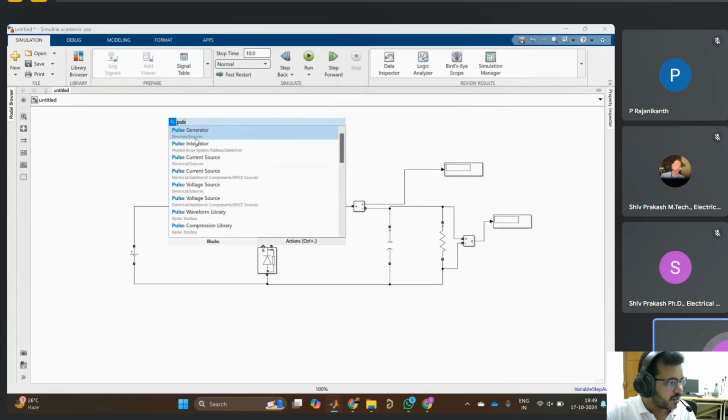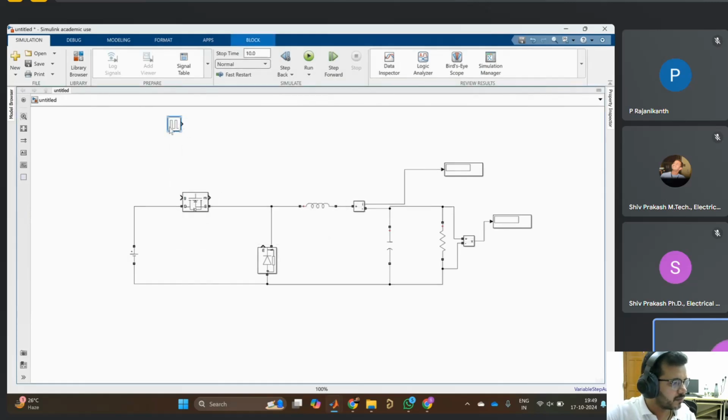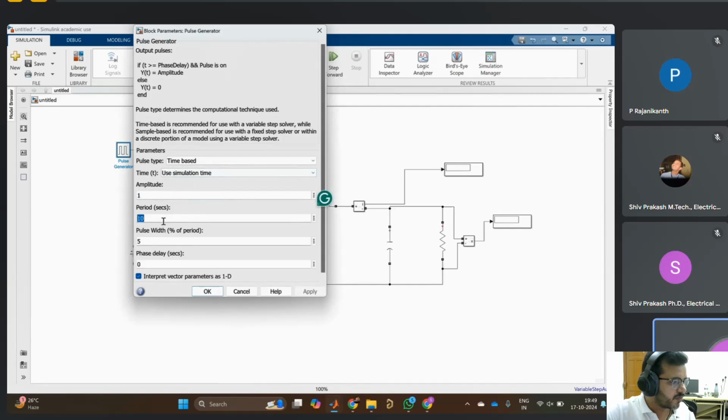We use a pulse generator, amplitude 1, frequency 50 kilohertz, usually 42%.